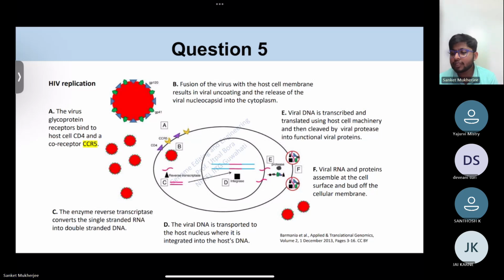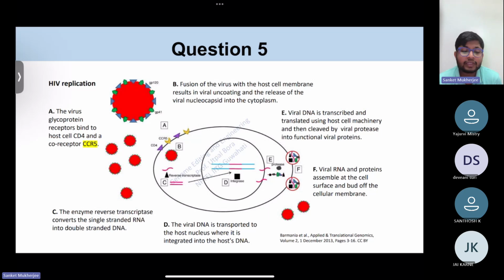So this mutation was initially discovered, and when there was a deletion in the CCR5 gene, these patients were rather immune to HIV infection. Then there were several studies. There was even a very controversial study, very recent, from China, where they tried to create this mutation in a newborn baby, a girl, and they claimed that this girl is HIV resistant.